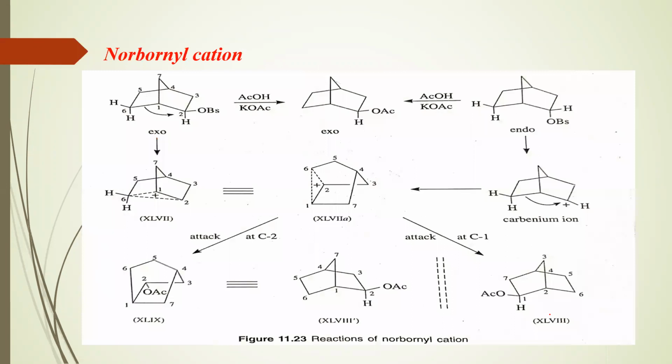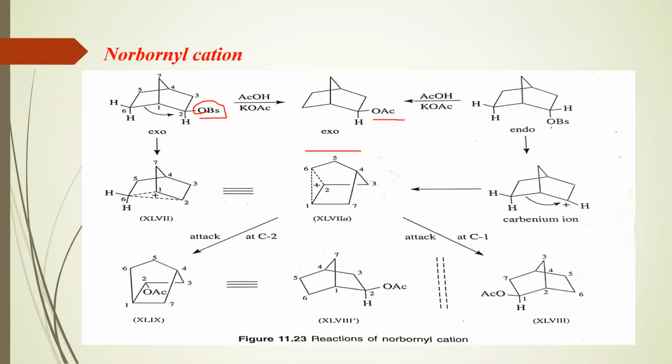And then the formation of the nonbornyl cation, which reacts with brosylate. Brosylate is the p-bromobenzenesulfonyl group. The brosylate is represented as para-bromobenzenesulfonyl. This group is represented as brosylate. Then it reacts with acetic acid to form the acetate at the exo position.